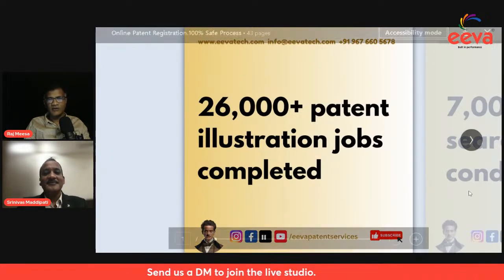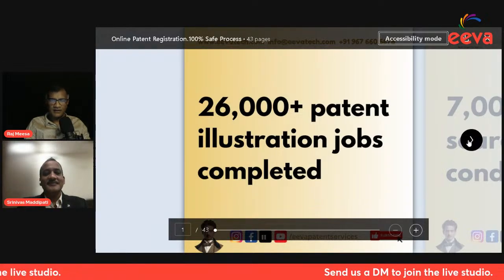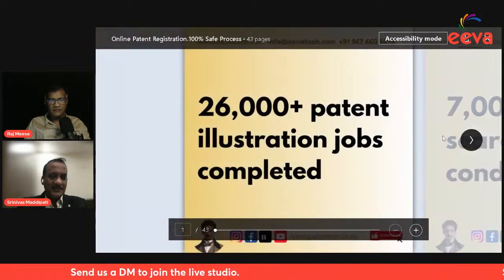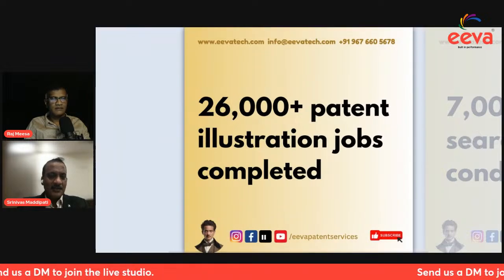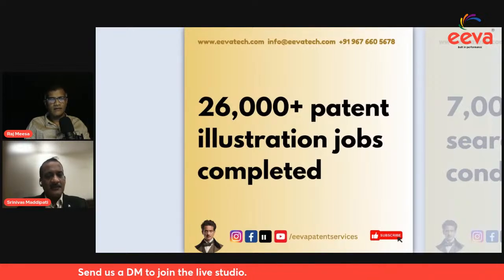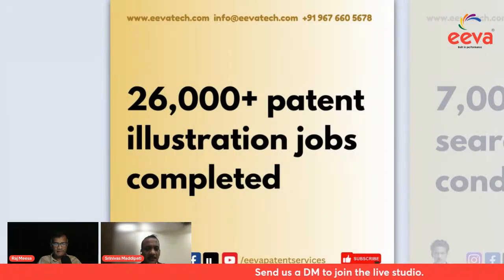But I had a question on these illustrations. Are our illustrations also patents or searches? Illustrations are used in utility patent applications and design applications. Whatever we filed in India as well, we support illustrations for US and European attorneys.